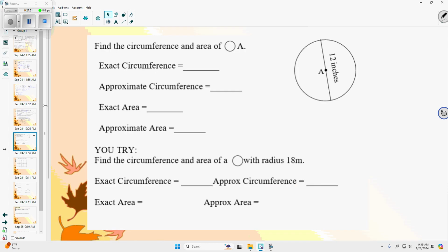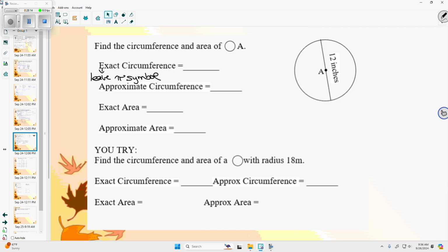We have 2 different words that we've got going on here, and one is exact and the other is approximate. When we are finding exact circumference, you are going to leave the pi symbol, which means you will not type the pi button on your calculator. You will just leave it with pi in the answer.